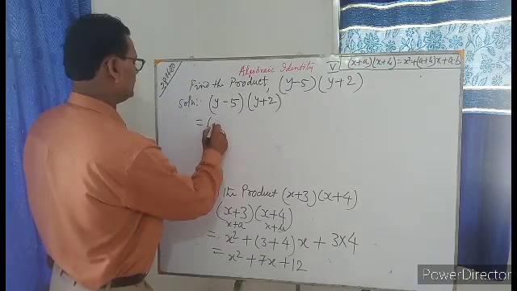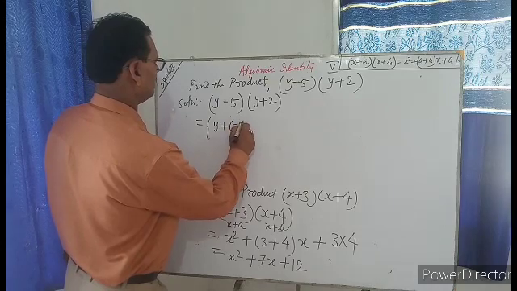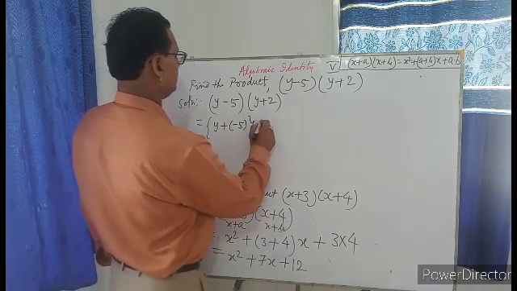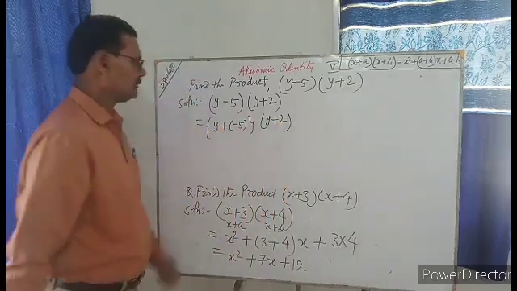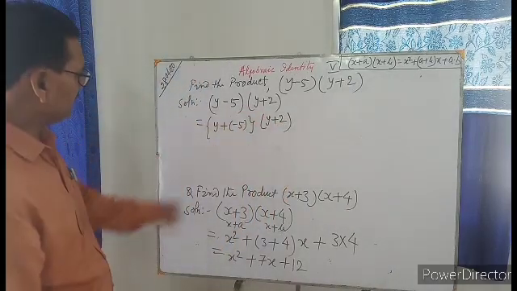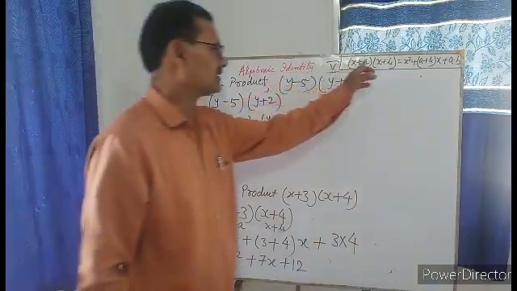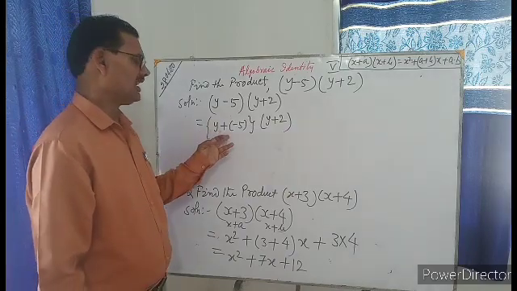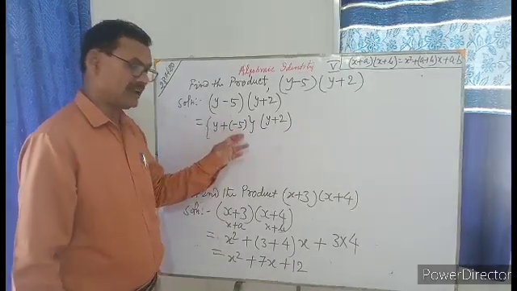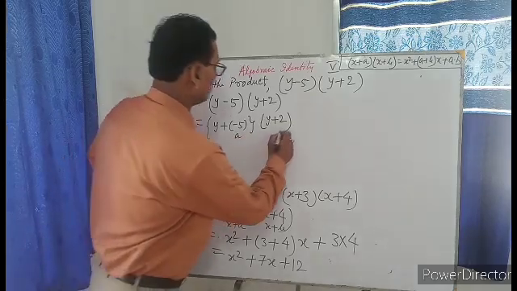We will use y plus minus 5 into y plus 2. It is positive, so there is no problem. Here it is negative. And it should be in the form of x plus a. So what we have done? y plus a, y plus minus 5. This is equal to a and this is equal to b.